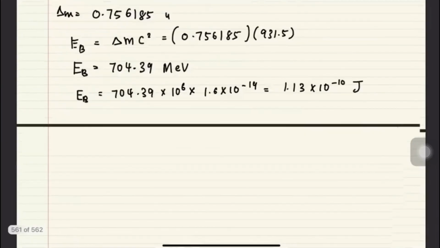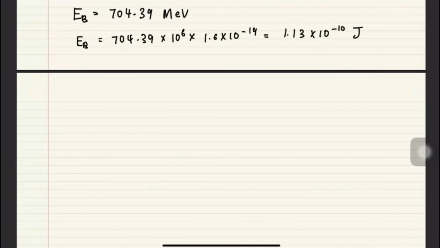So basically just have to divide EB ni dalam eV ni with A. So EB with A. Kalau dalam MeV dia jadi 704.39 divided by 81. Okay. So your final answer for this one will be in MeV.